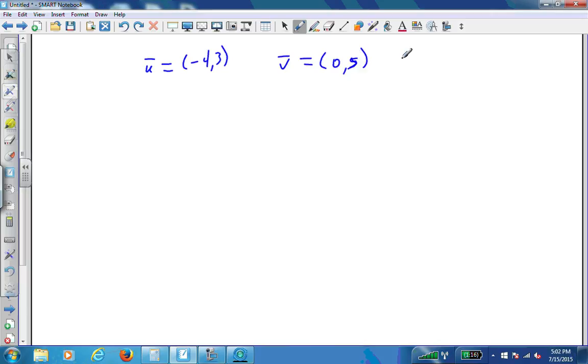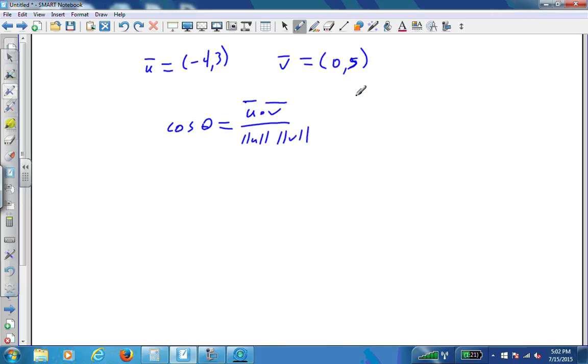Recall that using the dot product, the way we calculated the angle was that cosine of the angle between two vectors was u dot v over the magnitude of u times the magnitude of v, or the dot product divided by the norm of u times the norm of v.